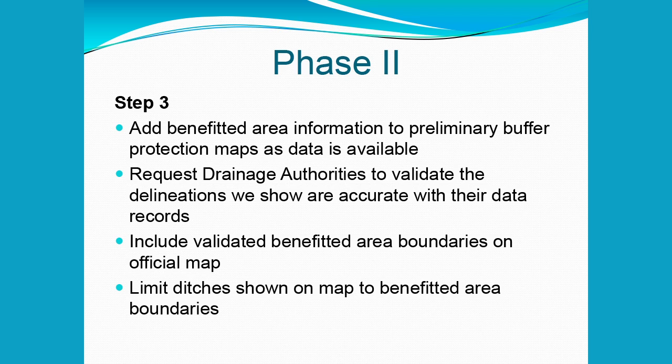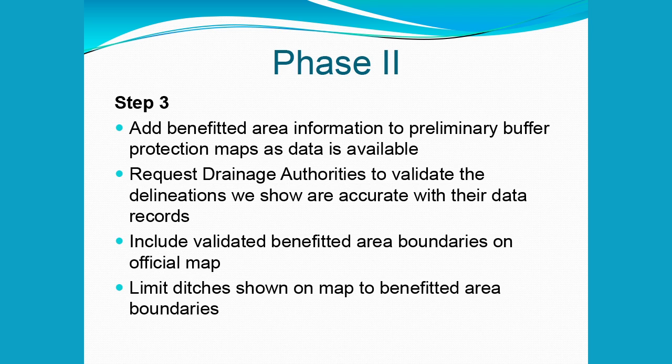So you may look at them when they first come out, and then after you know that your information has been incorporated in it, you might want to go back and double check that, and we'll keep in communication with you so that you know when we've been able to incorporate your data and be able to take a look at it again. And so we'll do that process, and it will be limited to the ditches in the benefited areas.